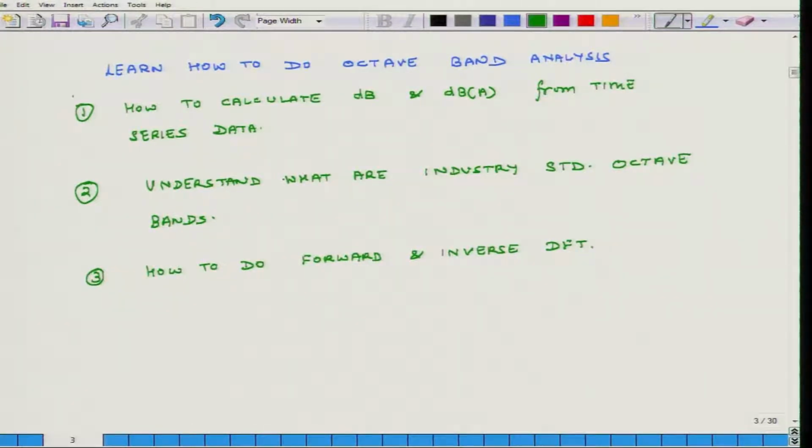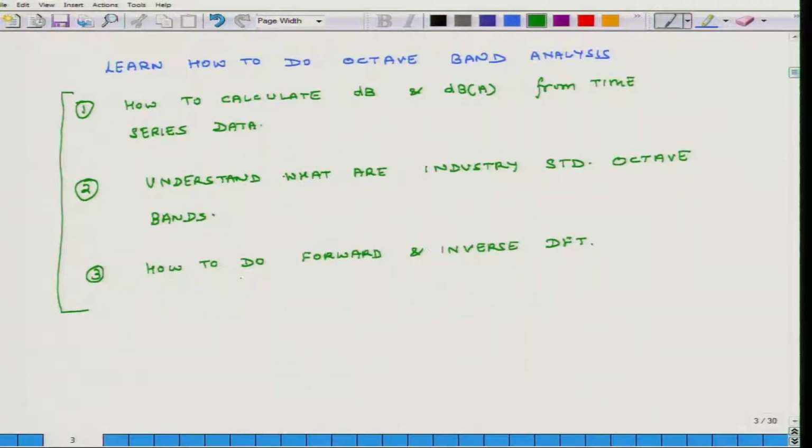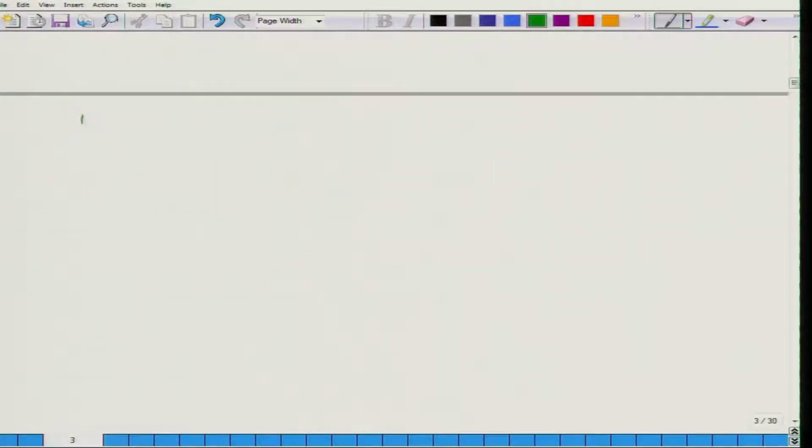So, if we know these three things, we can combine all this information and learn how to do this octave band analysis. So, what we will do is address this question first: how to do forward and inverse DFT, because once we do 3, then from 3 we can also do 2 and 1 easily.